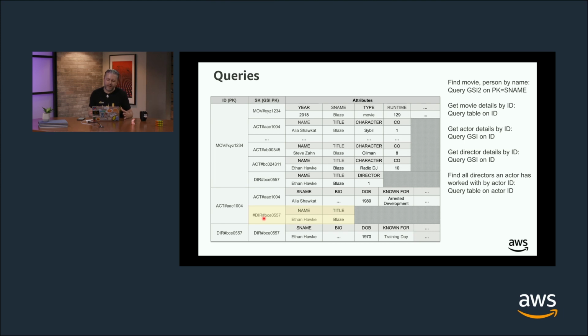If we want to find all directors that an actor has worked with, we use the actor ID, we would query the table for actor ID and get the item hierarchy of all the directors that have worked with that actor. And the reverse relationship is finding all actors that a director has worked with, and for that we use the director ID.